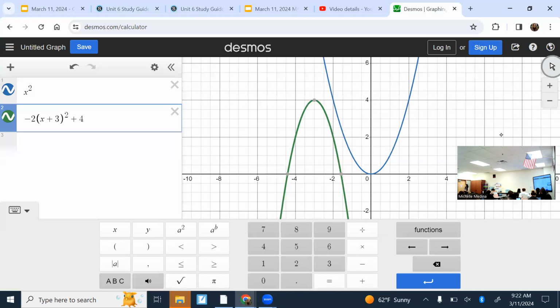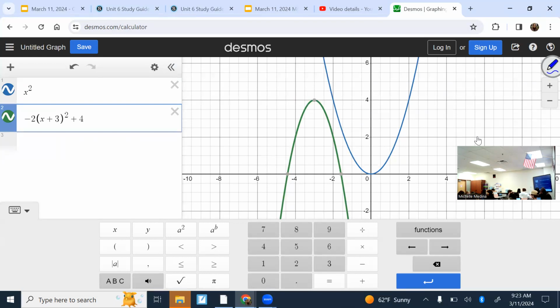Did it reflect? Did it get stretched? Did it get compressed? So table 5, tell me one of the things it did going from the blue to the green. It reflected. Yes, it definitely reflected, because it went from a U shape, like upward, to downward.